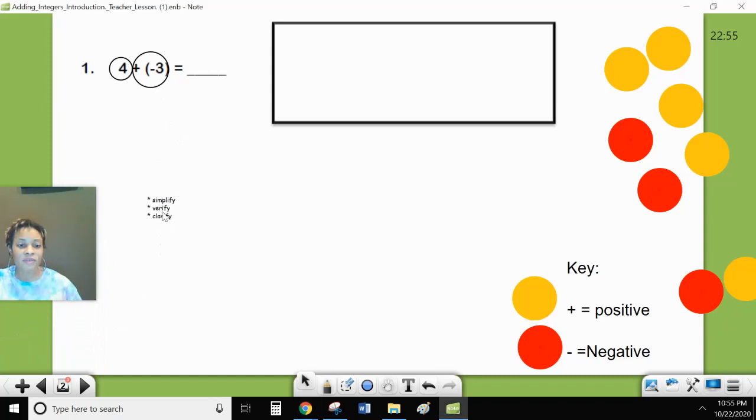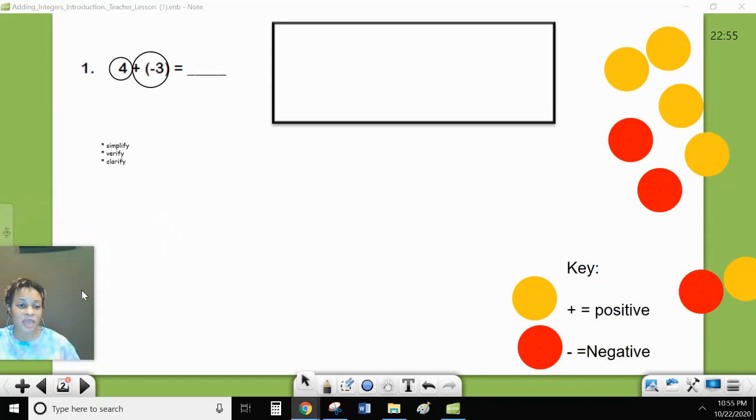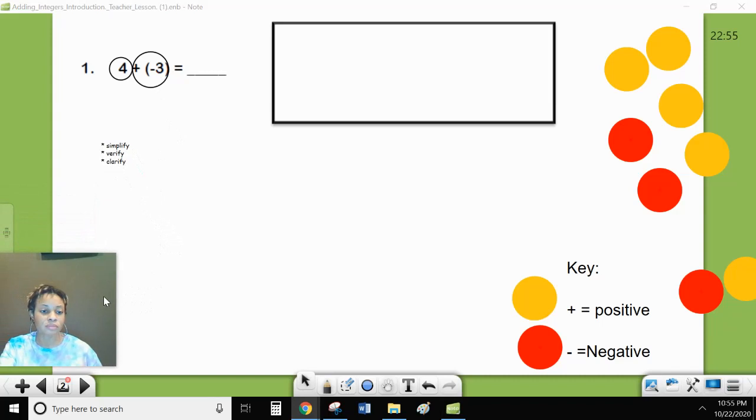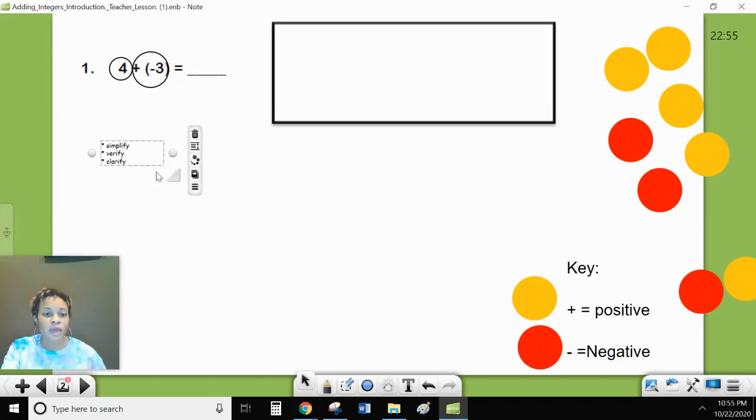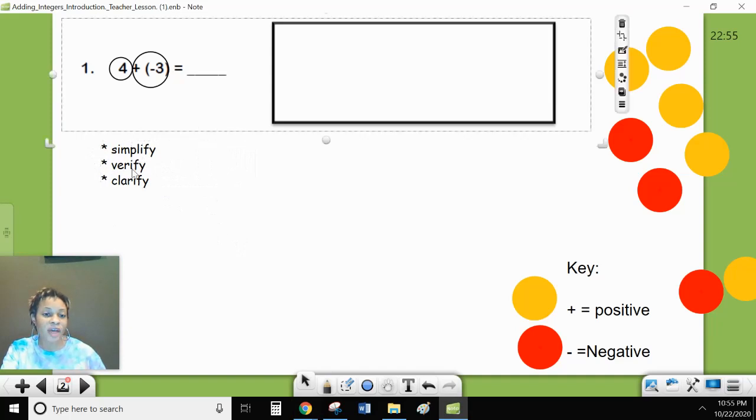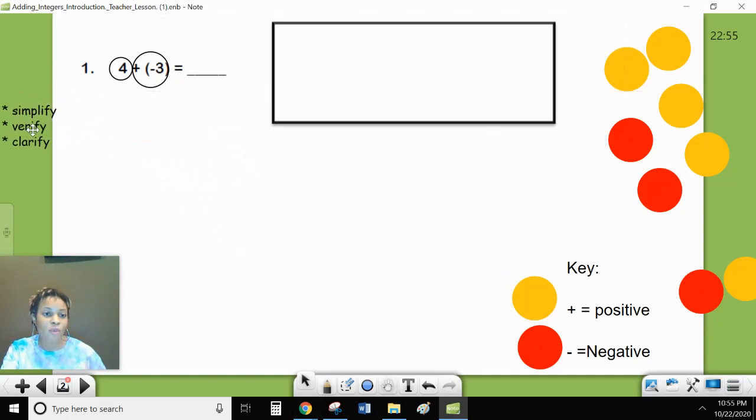And then I have a little something that I like to say. I like to say we want to simplify, verify, and clarify what we are working with. So then we're going to take this and draw a little T chart. Sorry, not the perfect T. And we're going to clarify what we're going to be working with.